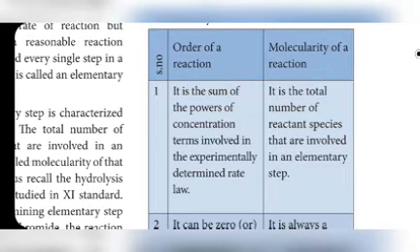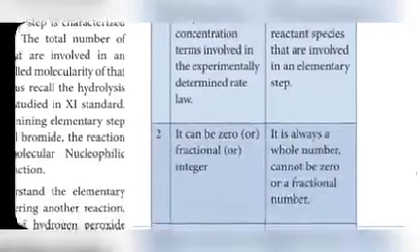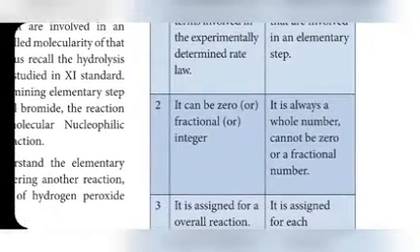In the rate law equation, the concentration terms have some powers, and the sum of those powers is called the order. Molecularity is the total number of reactant species that are involved in the elementary step.